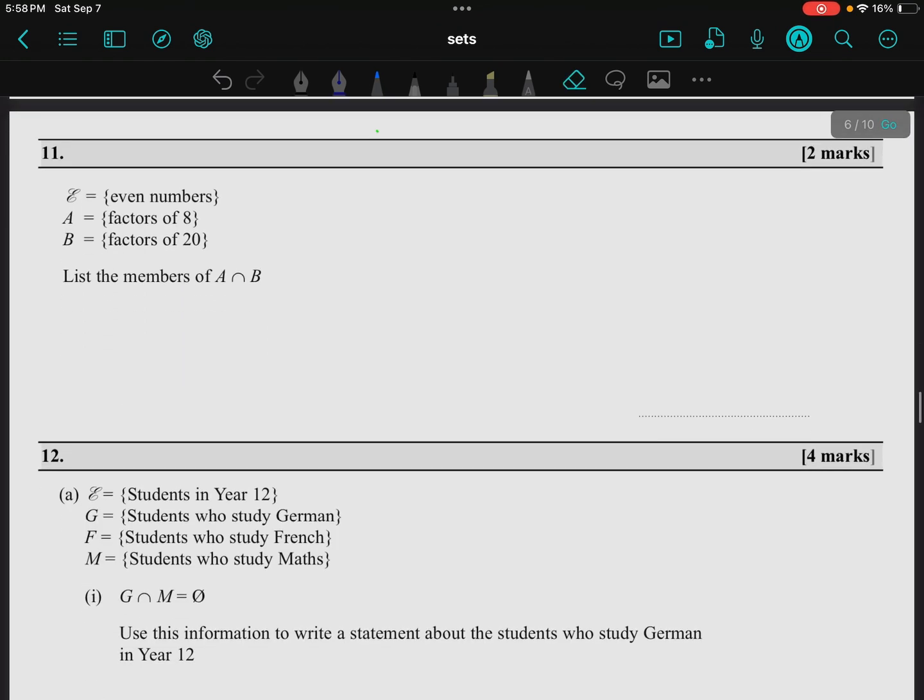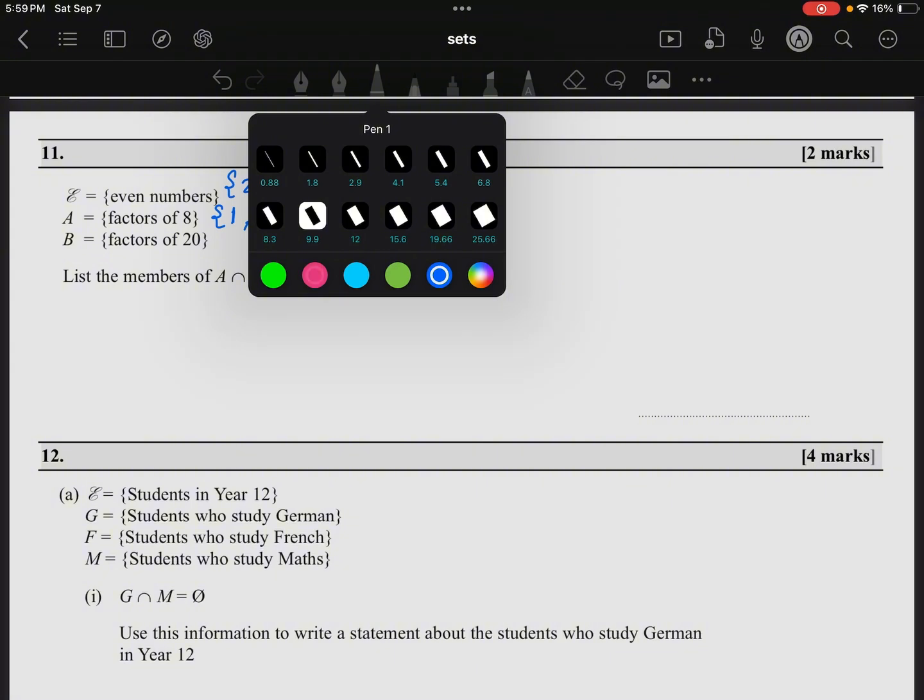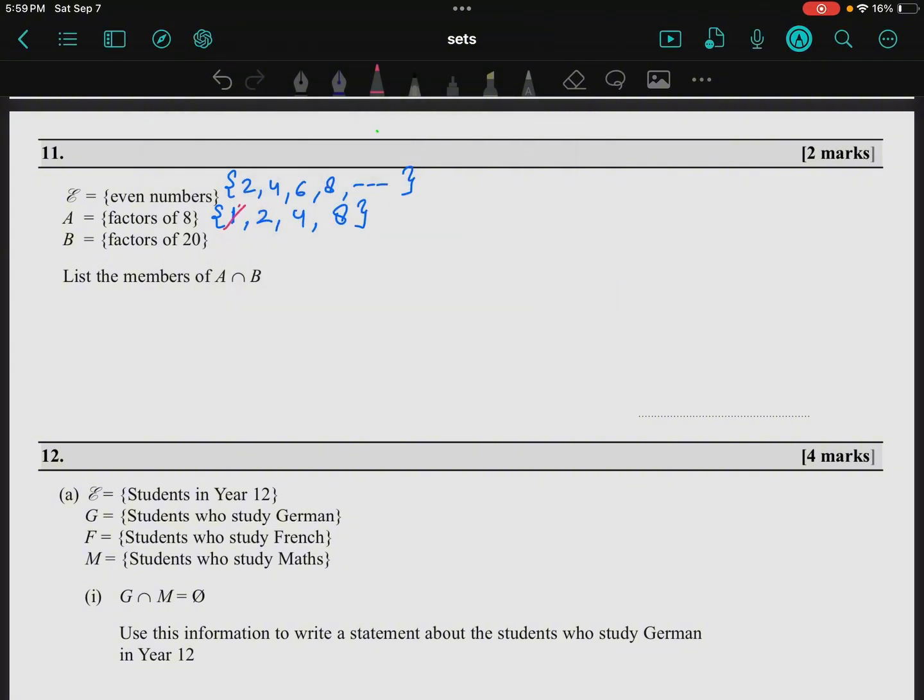Okay, now question number 11. Even numbers, that means 2, 4, 6, 8, and it will keep on going. Factors of 8 means numbers in which 8 comes. That means in the table you will write 1, then 2, then 4, then 8. But important thing, we are not taking 1. Why will we not take 1?